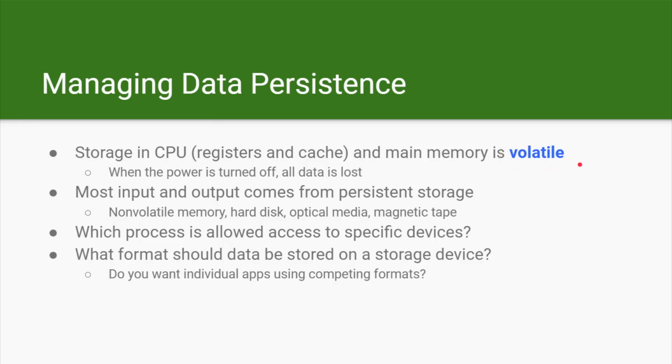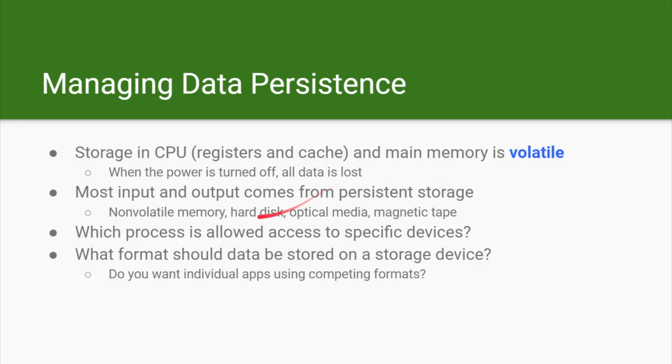Volatile memory just simply means it won't last past the point where you turn off the power. Now, computers wouldn't be terribly useful if everything was volatile and we had to re-enter the data every single time. So we have persistent storage where data can be kept while the machine is turned off.